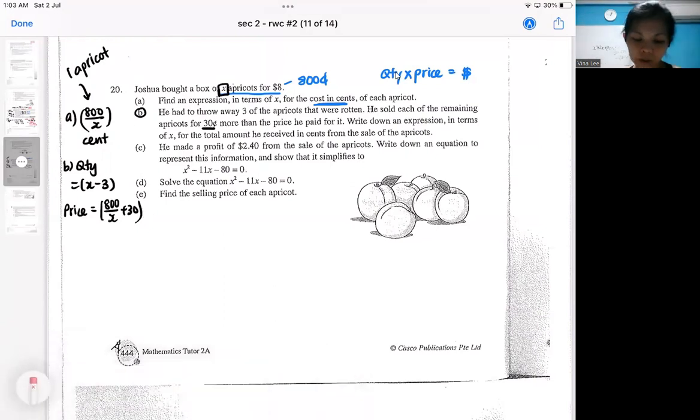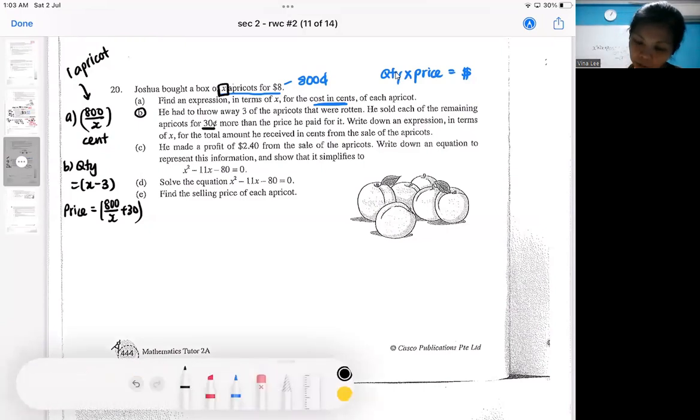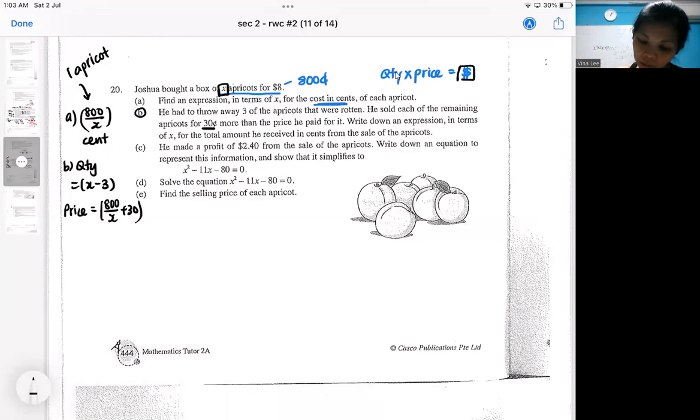So that is quantity times price. If he sells this quantity X minus 3 and the price is 800 over X plus 30, how much money is he going to receive? It will be the quantity times the price. That will give you the amount of money.